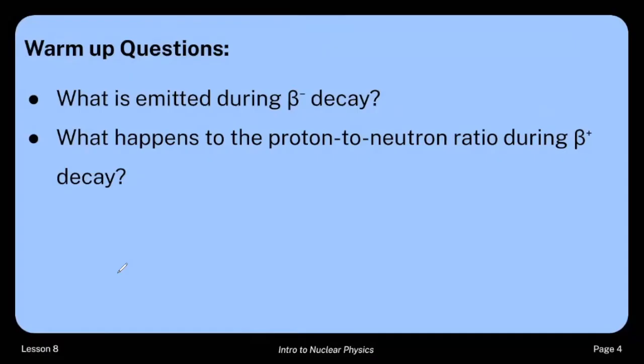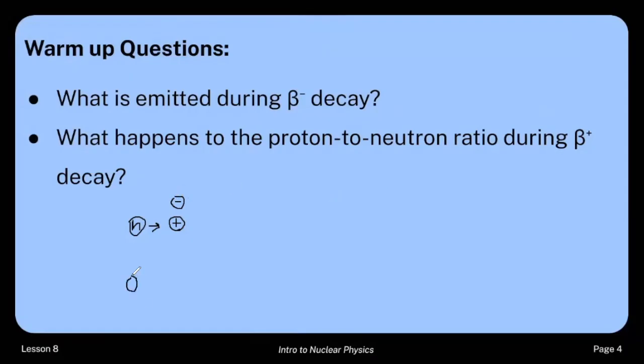In both cases, there is a change in the amount of charge in the nucleus, and the particle that gets emitted acts to balance out that change in charge. So if we have a neutron turning into a proton, we gained a positive charge. So in order to cancel out, we have a negative charge as well. So this negative charge is an electron or a beta minus particle.